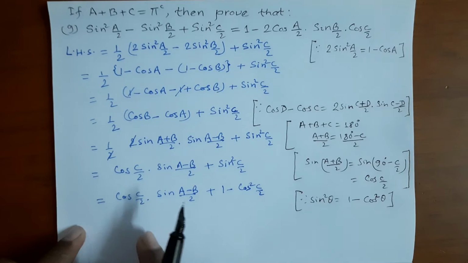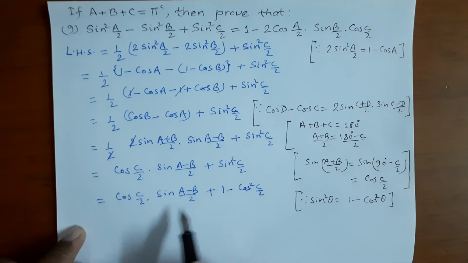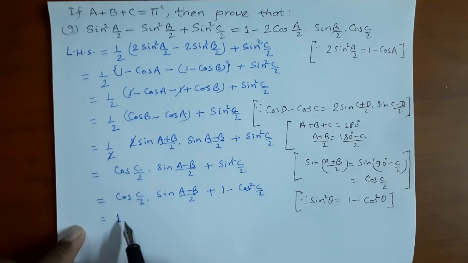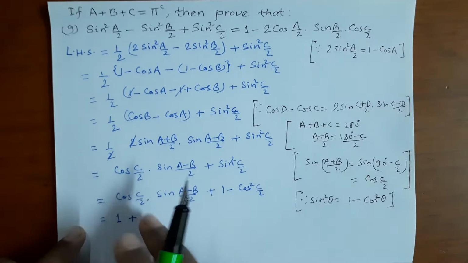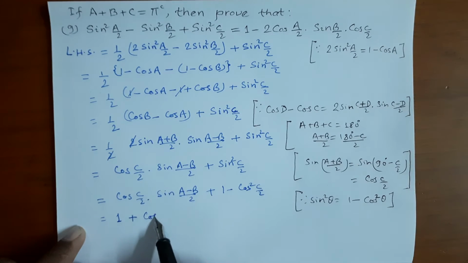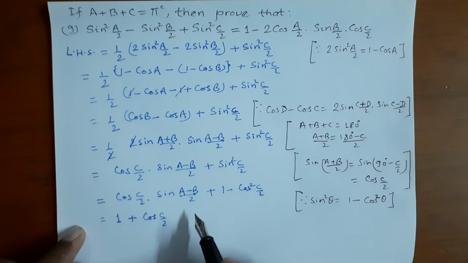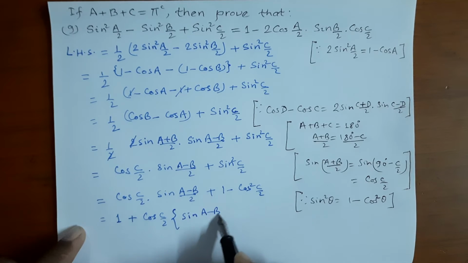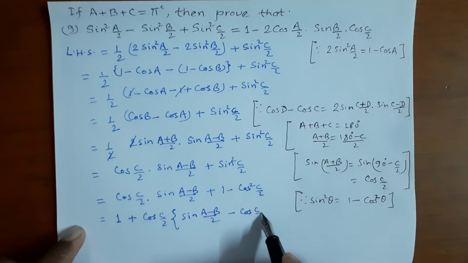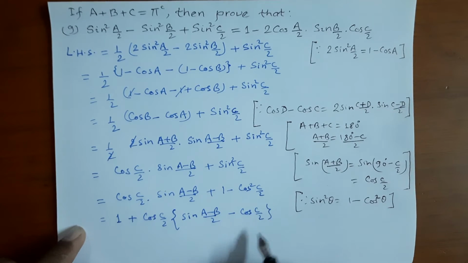And now a common factor can be taken out from this and this. This 1 we can write first, 1 plus, from these 2, cos(c/2) is common. And here we have sine (a minus b)/2, here is cos(c/2).